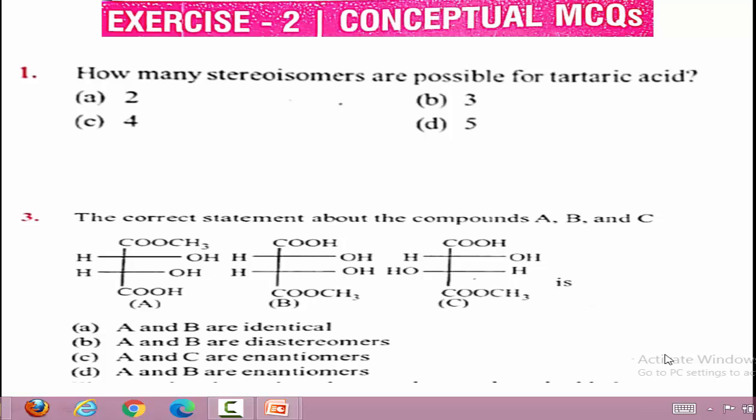Okay students, first, come to the point of diastereomers. What are diastereomers? Students, remember, diastereomers have the same configuration at one chiral carbon atom. Yes, I will write some theory points here.